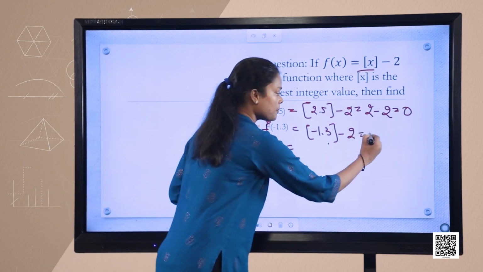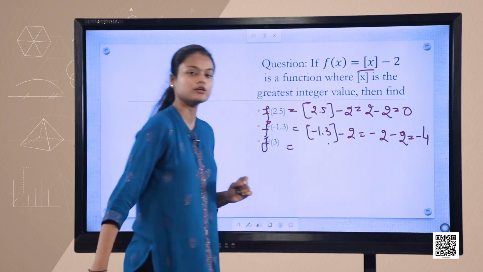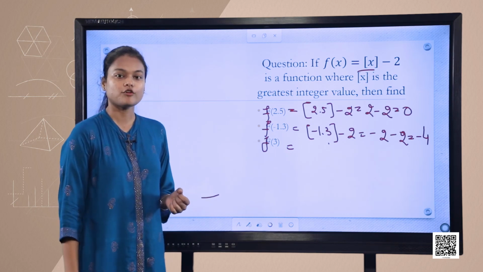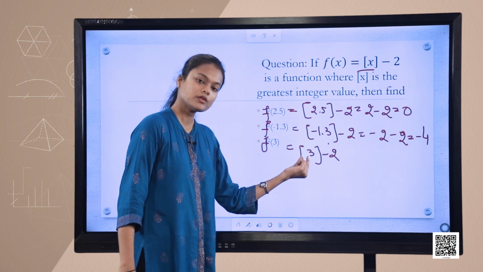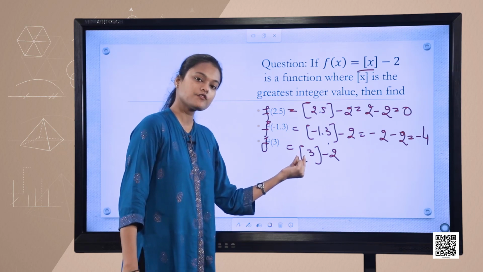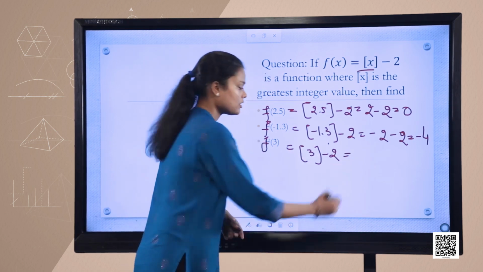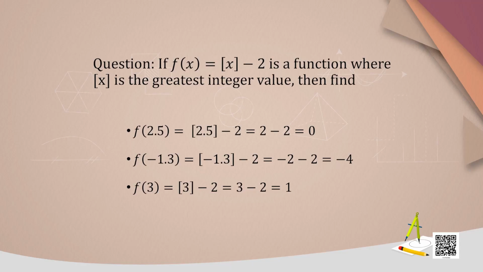So this will be -2, and with -2 it gives you -4 as a value. Last, f(3). Whenever there is an integer value, the value of the greatest integer function remains the same. So this becomes 3 minus 2, which gives us 1. Hope you have understood how we have to find the values of the greatest integer function.